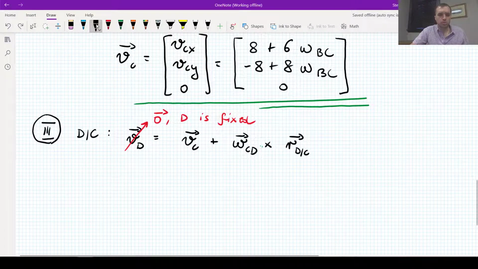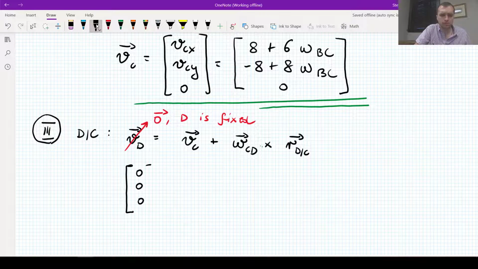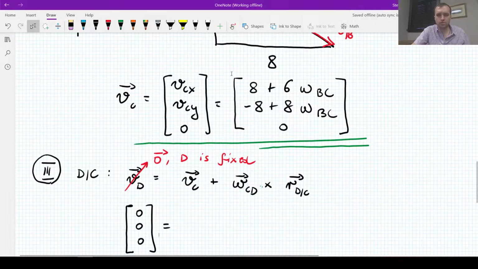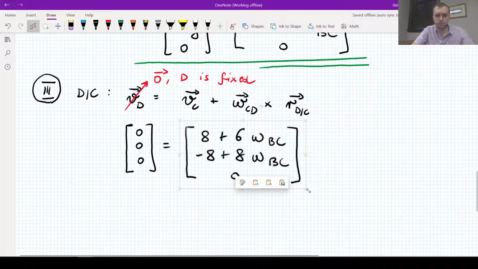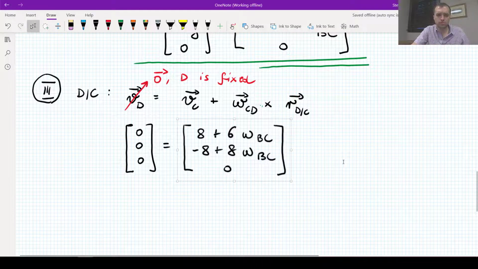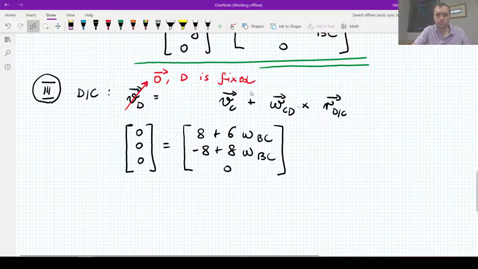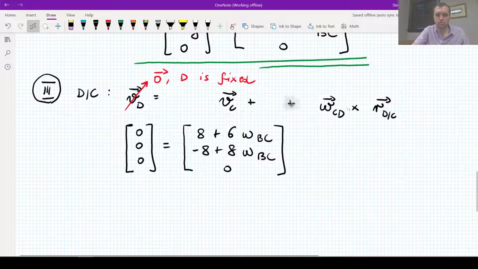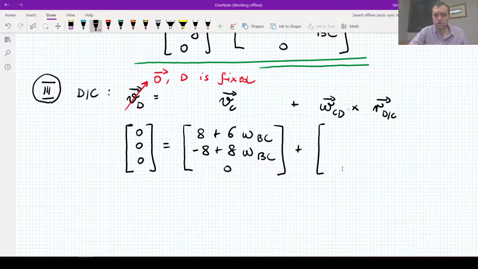So we can write 0, 0, 0 is equal to what we just found, so this vector, plus 0, 0, omega CD.